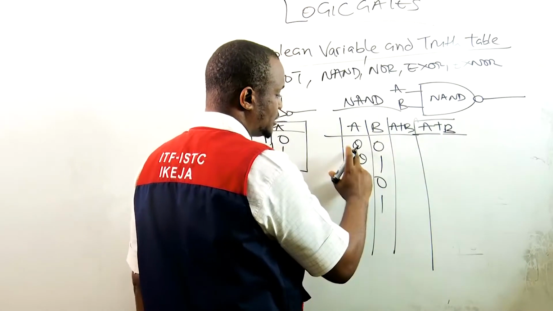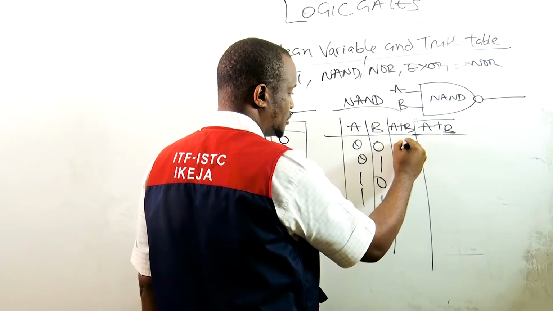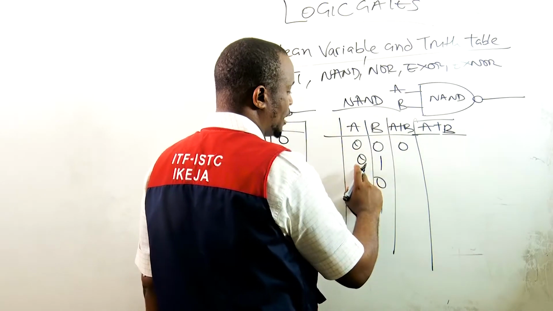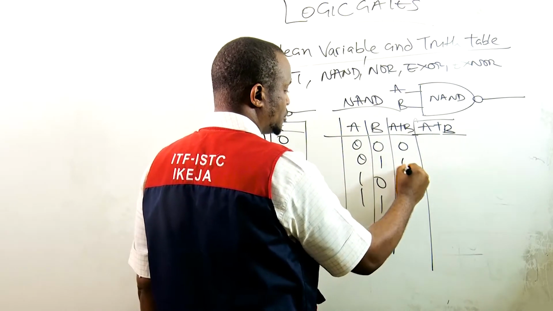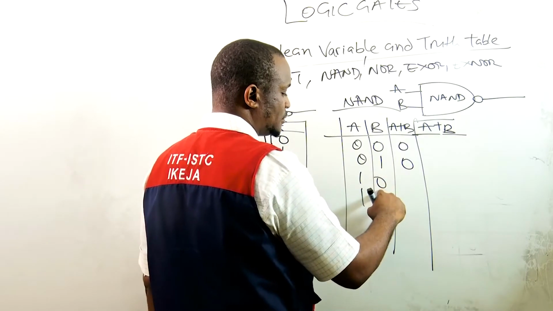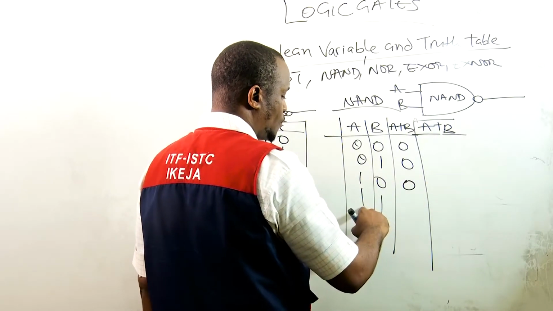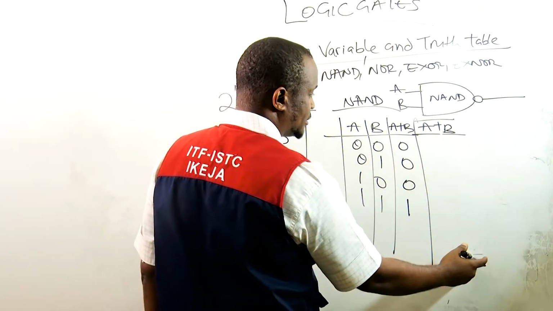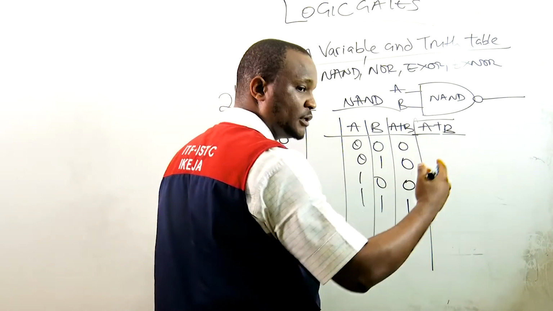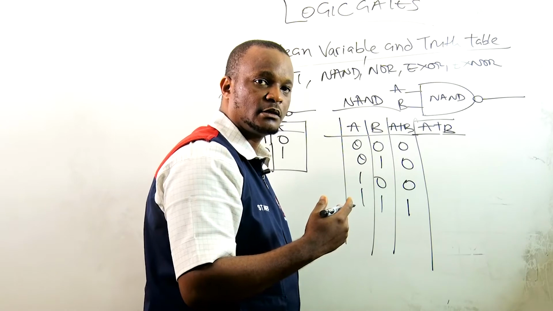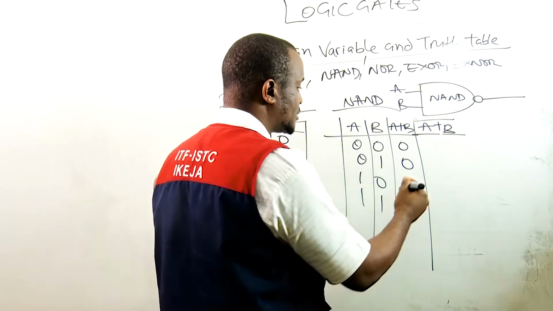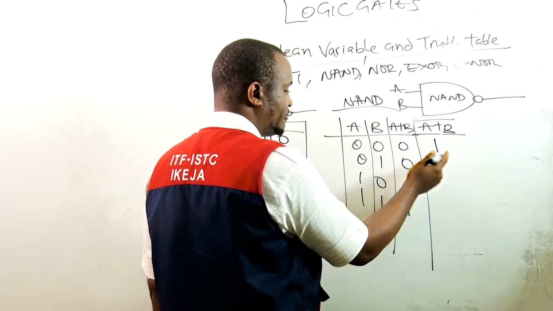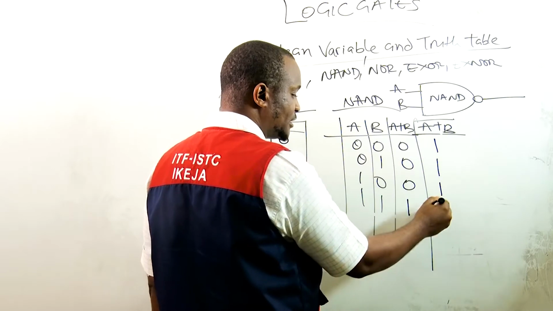So if you take this, you say 0 and 0, 0; 0 and 1 is what? 0. 1 and 0, 0. 1 and 1 is what? 1. Now, remember, it goes through a NOT, which is an inversion. So it's going to invert the whole thing. Inverting it means this 0 will become 1, this 0 here will become 1, this 0 here will be inverted to 1, and this 1 will be inverted to what?